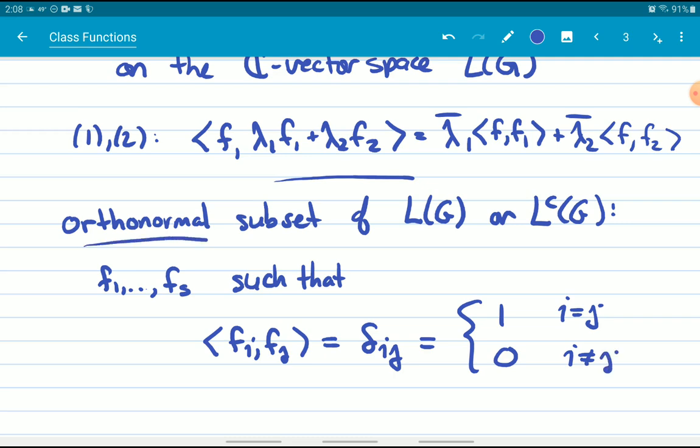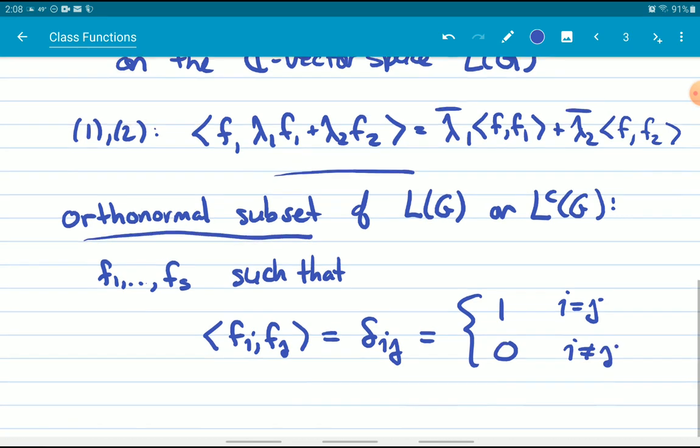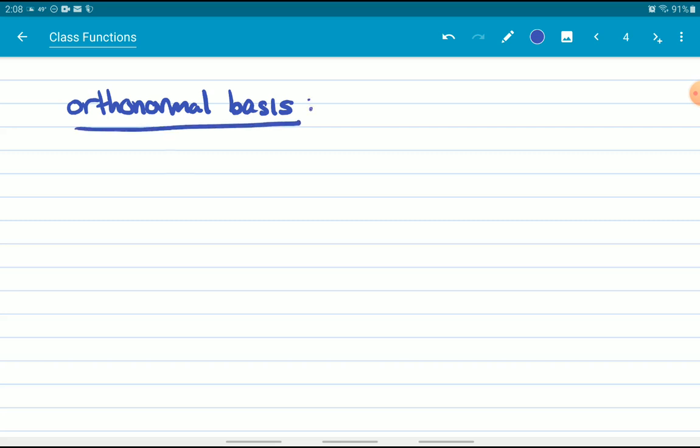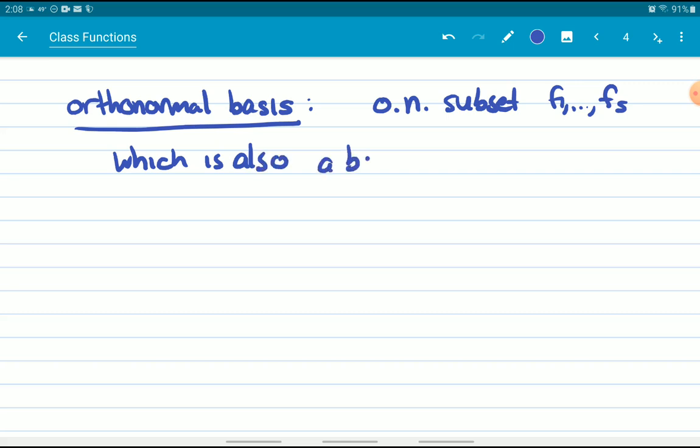That's an orthonormal subset. You can also speak of an orthonormal basis. That's an orthonormal subset f1 through fs which is also a basis.